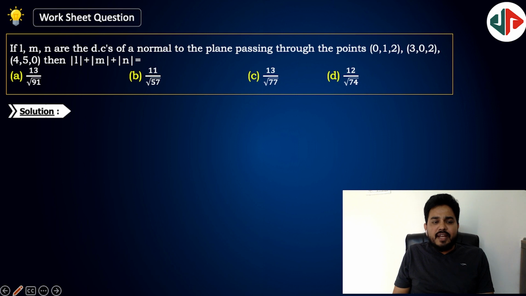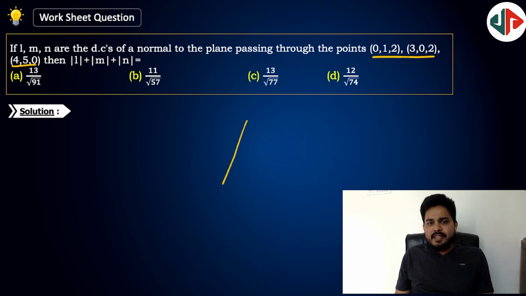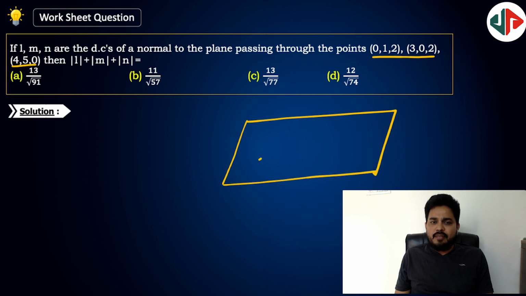I need to find the normal of these 3 points. If this is a plane, one way of doing it is finding the plane equation. Another way is to find the DRs of two lines and find the cross product of them. 3 minus 0, 3; 0 minus 1, minus 1; 2 minus 2, 0.